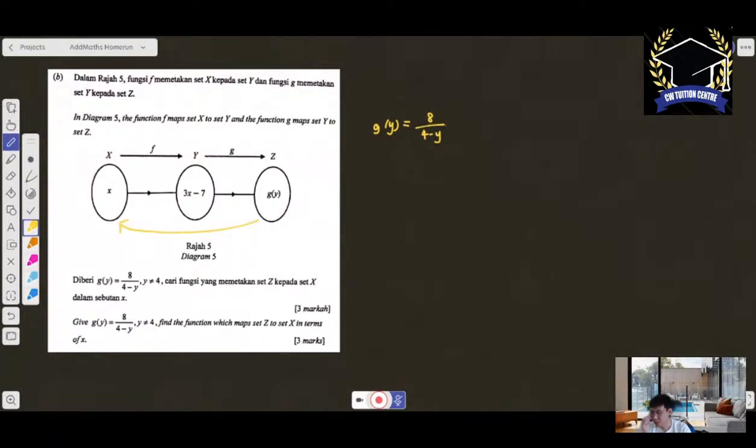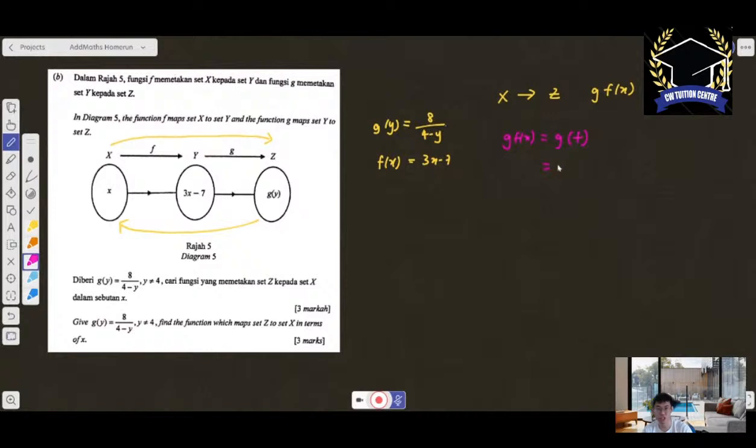Okay, so if you want to find z to x, we find out what is x to z first. X to z is gf(x). I also know f(x) is already 3x minus 7. So let's find out gf(x). In the g, I put in the f.